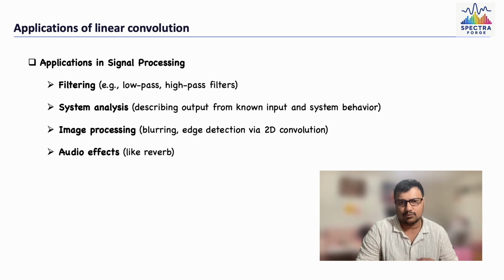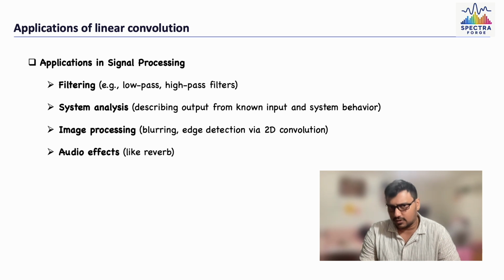Similarly, image processing. Whenever we add a filter to our photos to get a desired blurring or edge detection or different features, like in Instagram where you have multiple filters, even to do that you have to invoke convolution. And audio processing as well.